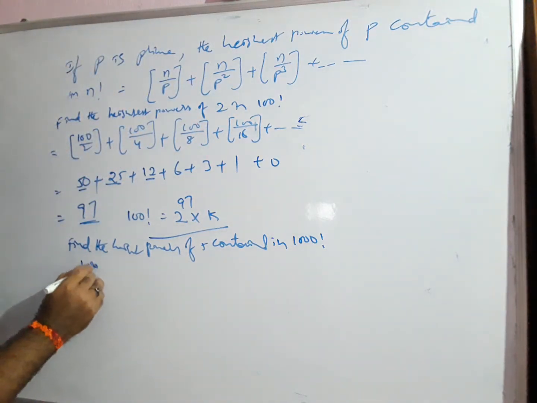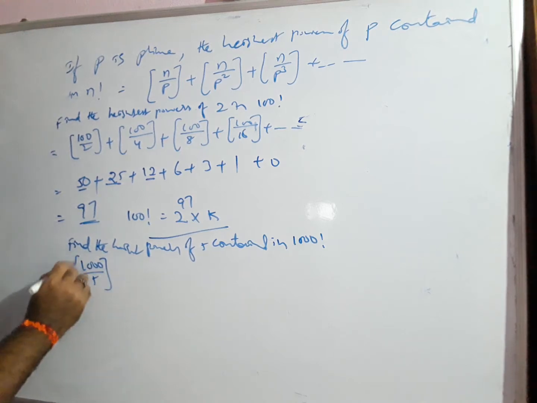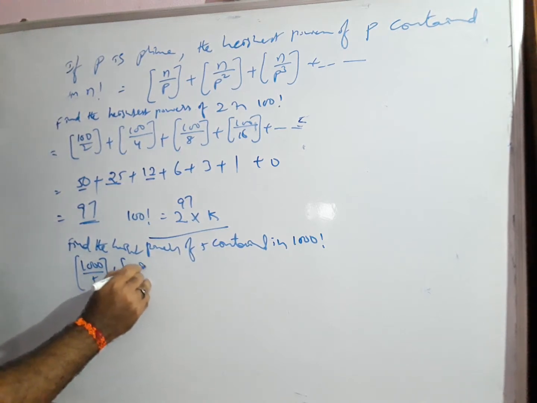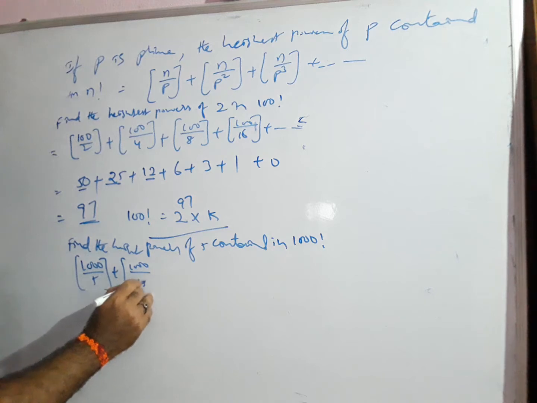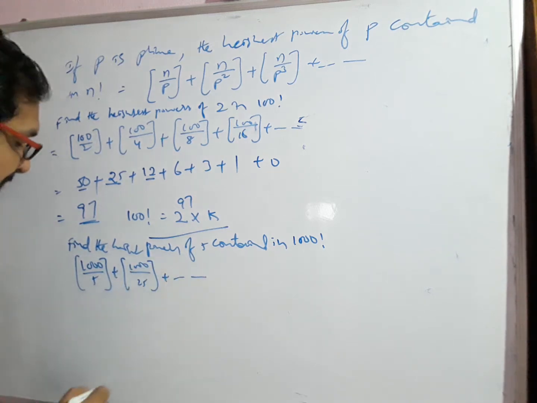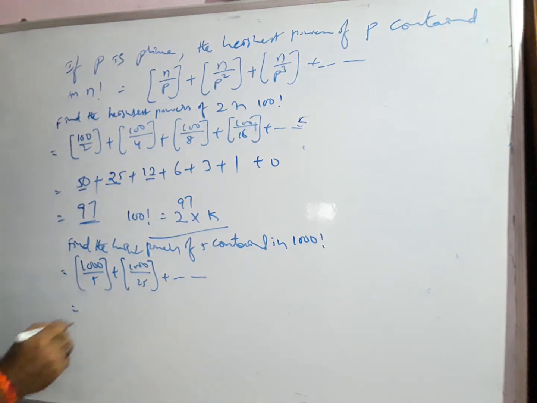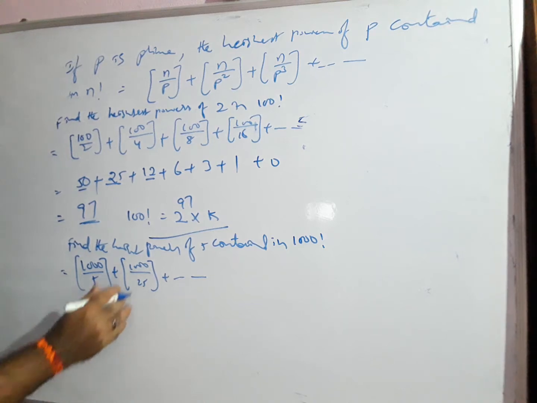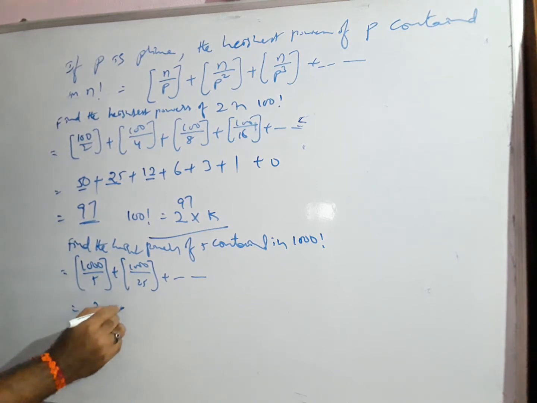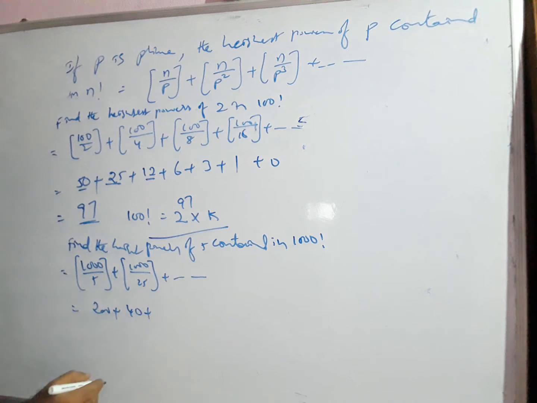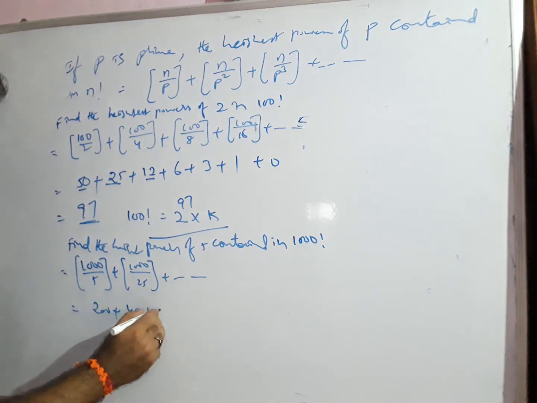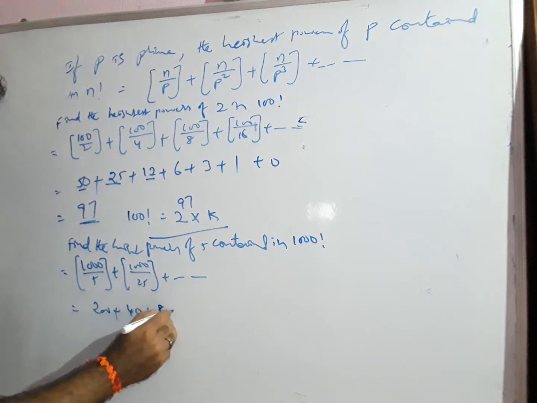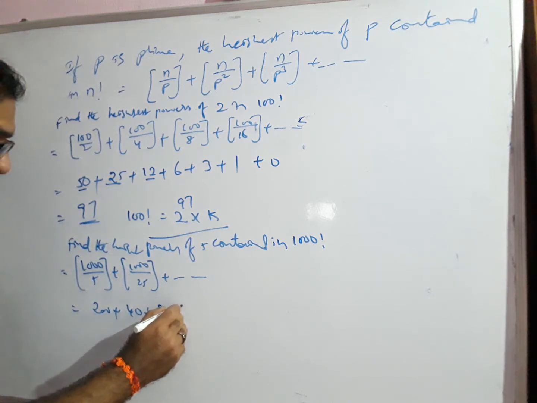So here it is the floor of 1000 by 5 plus the floor of 1000 by 5 square, that is 25, plus and so on. So 1000 by 5 means 200. Again 200 by 5 means 40. Again 40 by 5 means 8. 8 by 5 means 1.